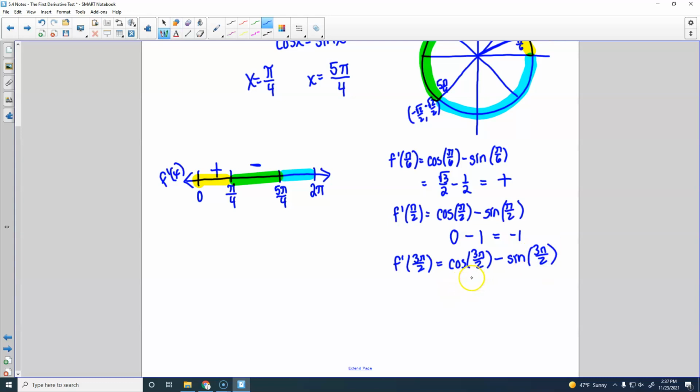What's cosine? This is your x value, which is going to be 0 here. And minus sine is going to be negative 1. So that minus a negative becomes positive. And we get a positive 1 here. So we get a positive for that section.